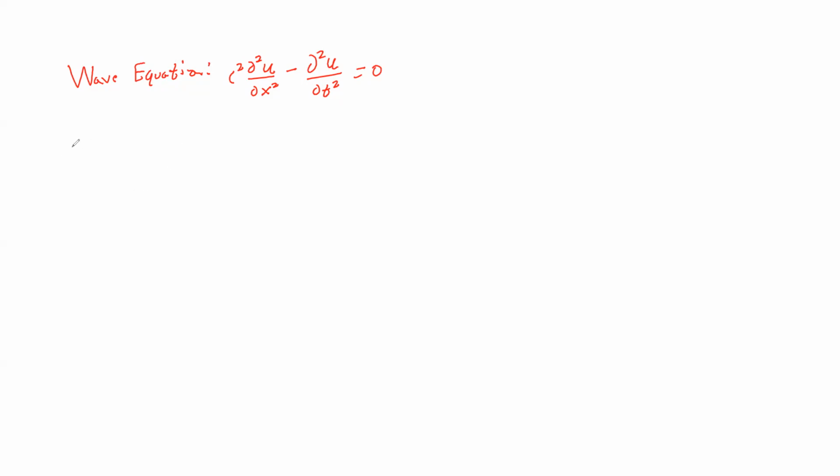So the solution that is better for initial value problems, and this is the more common one you'll see in a textbook, is a combination of a function with the argument x minus ct plus a function of x plus ct.